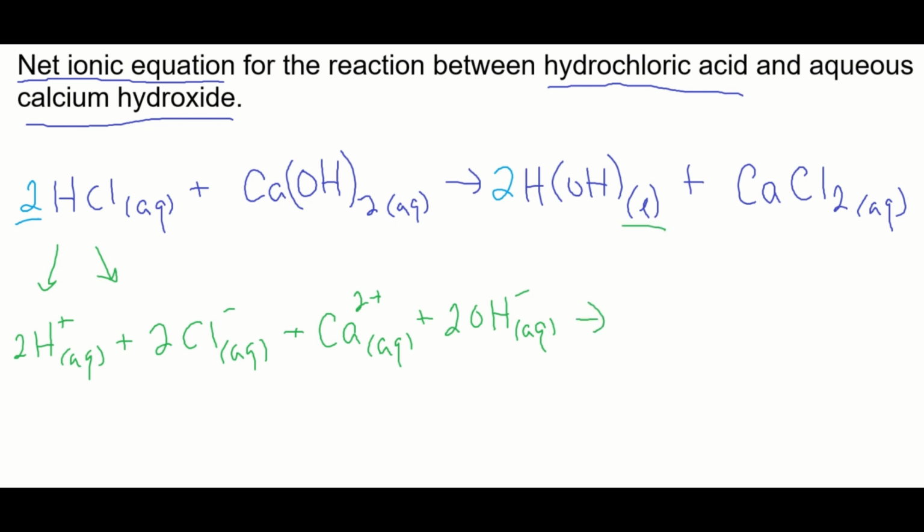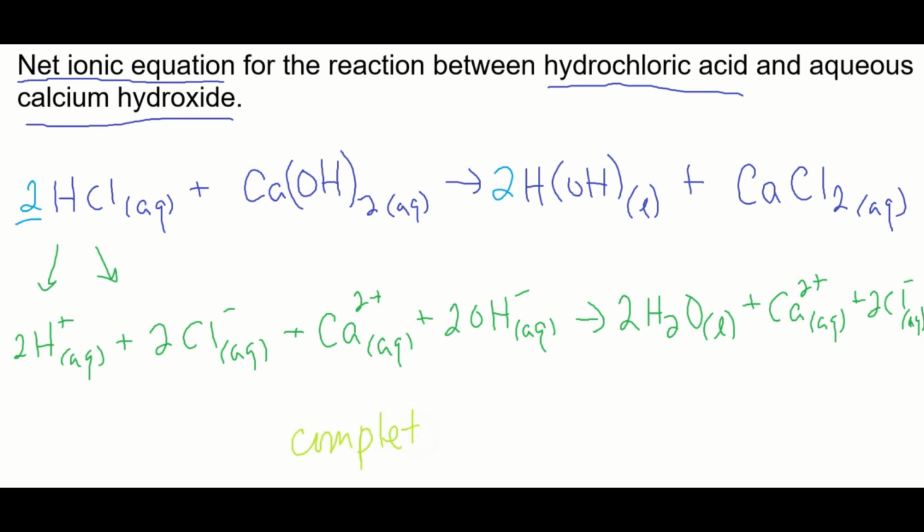If it's not a strong electrolyte, then we're not going to dissociate it. So this is where we can just write HOH as H2O. I barely fit all that in there. So this here is known as your complete ionic equation.